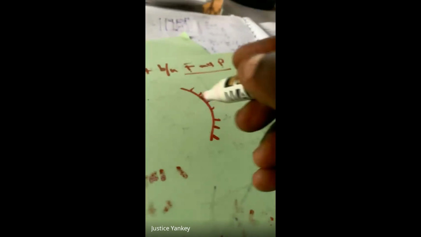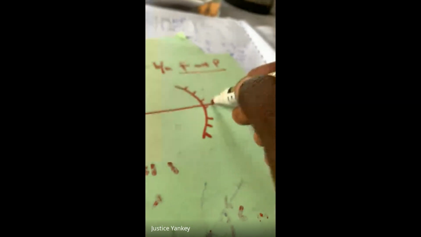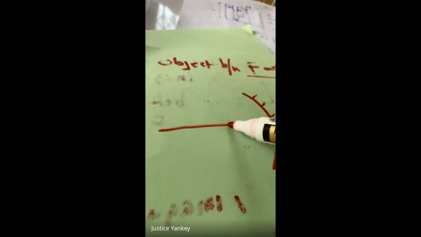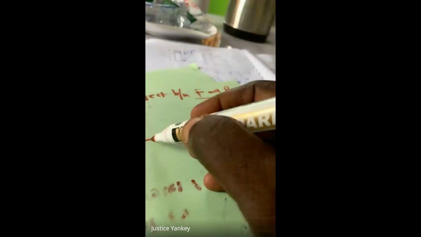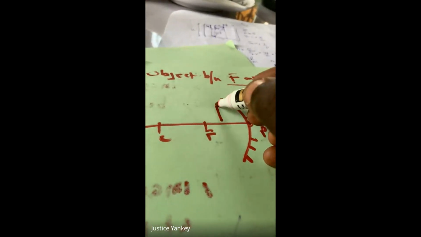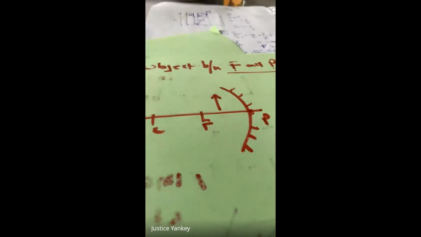Okay, so let's see. I have the concave mirror this way. I'm drawing it again. Here is the principal axis. Here is F, and here is C, and this is the pole here. Now I'm placing the object between F and P. Okay, how do we get the image?